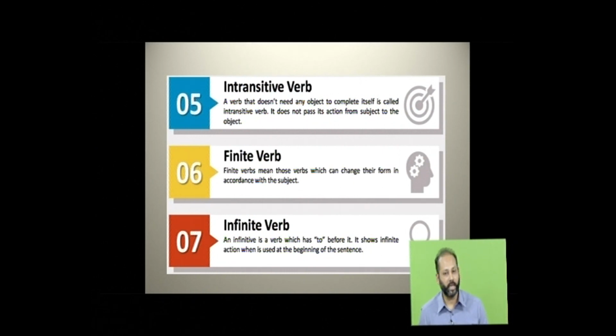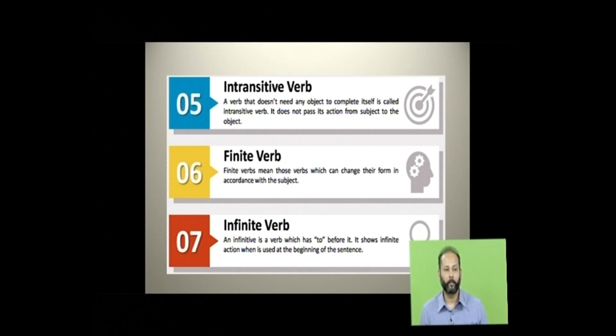Then we have finite verbs. Finite verb, what is a finite verb? A verb that is directly related with the subject. That is a finite verb. Say for example, she sings. The word sings is a finite verb here. And then we have infinitive verb. Infinitive is that verb which does not have a direct relation with the subject, where we add to before that word.